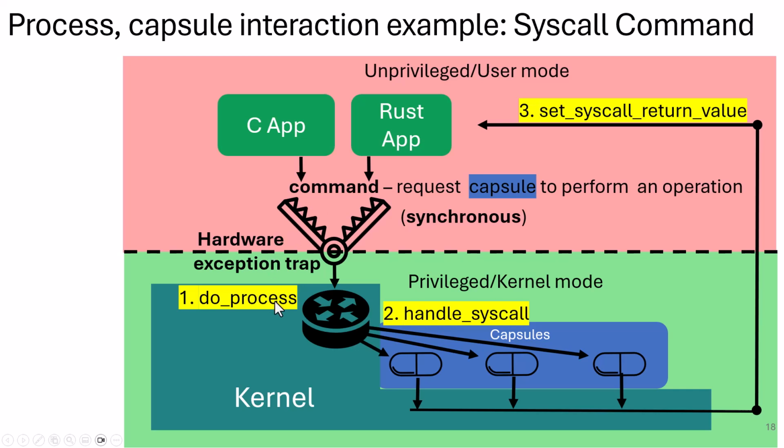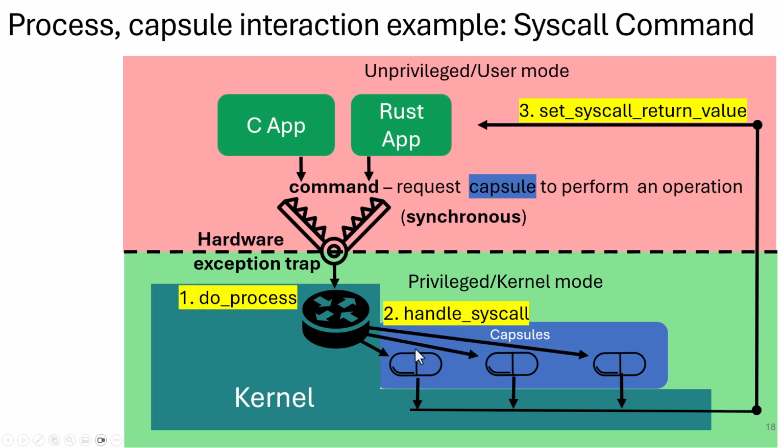What happens in the kernel is it gets that command number and the driver number, and it calls the do process, which actually will then route, based on the trap call of what syscall was made, what to do. And then for the particular syscall driver, it will call that capsule, so it could be the alarm capsule, and then it would call the command functionality based on what that command was.